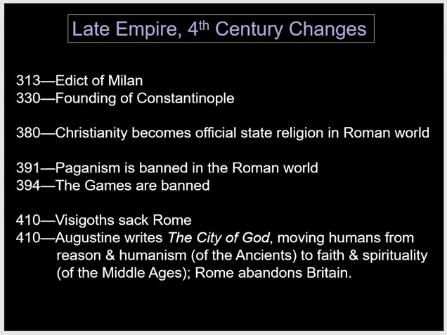Constantine then in 330 founds a city in the east, Constantinople, and will have a gradual shift of power and wealth to the east. In 380, the western portion, and that really does refer to the territory of Rome itself, including the Italian peninsula, Christianity there will become the official state religion in the Roman world.